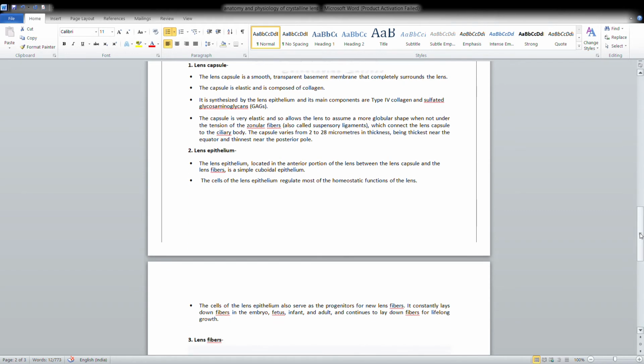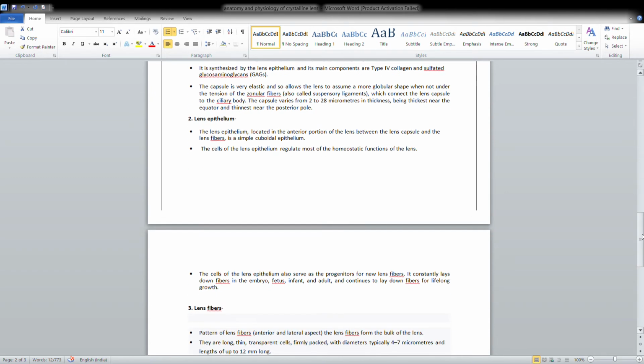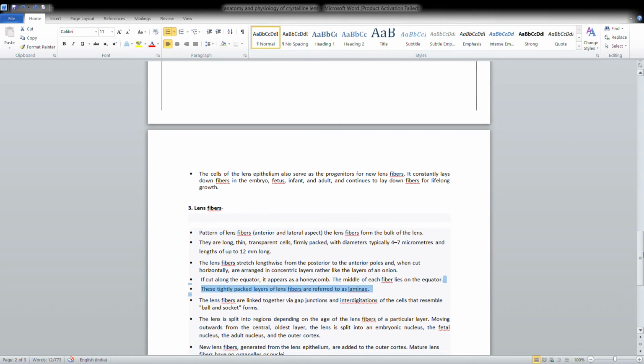The second part is the lens epithelium. The lens epithelium, located in the anterior portion of the lens between the lens capsule and the lens fibers, is a simple cuboidal epithelium. The cells of the lens epithelium regulate most of the homeostatic functions of the lens. They also serve as the progenitor for new lens fibers.